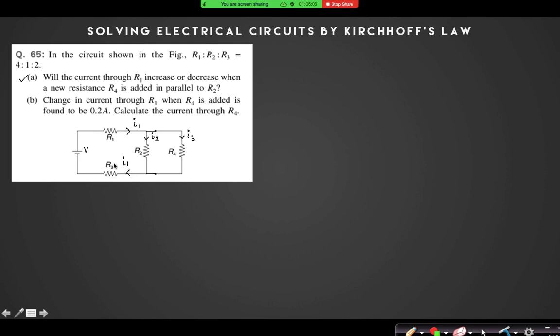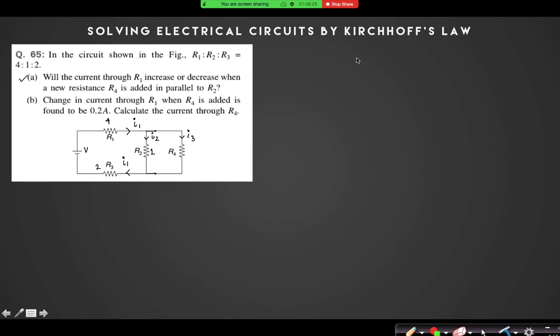And let us also assume that the values of the resistors are 4, 1 and 2. You can assume 4k, 1k, 2k, anything. But let us assume k to be 1. The answer will not change.